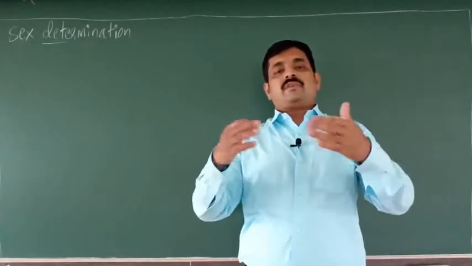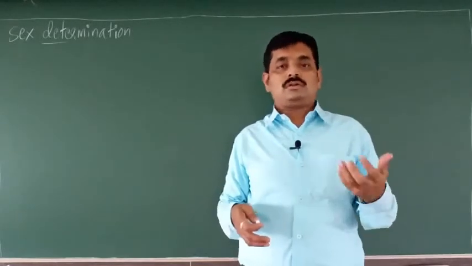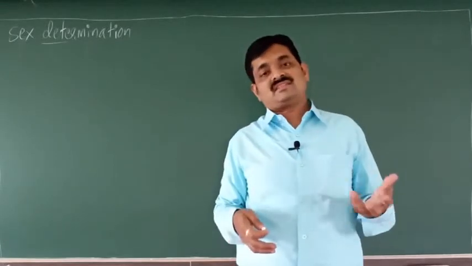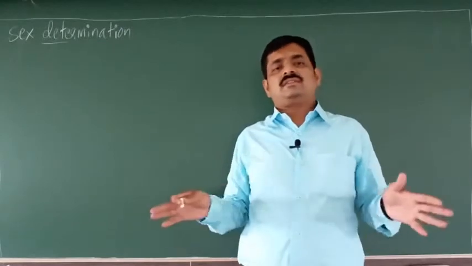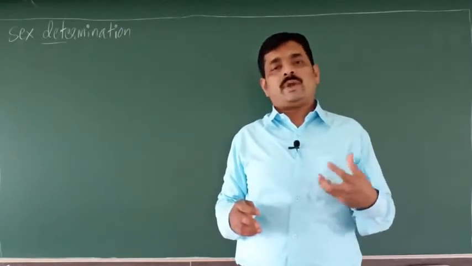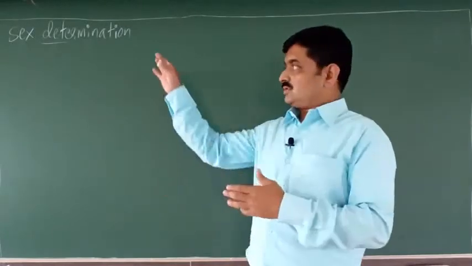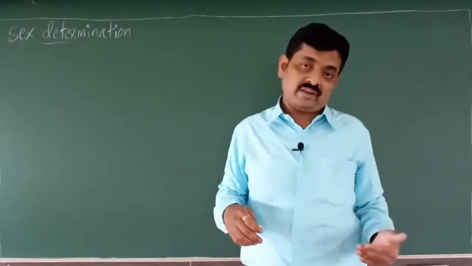There are some other ways also, like fertilization or non-fertilization, which may also determine the sex in some organisms. We shall discuss the different interesting ways of determination of sex, whether it is male or female.